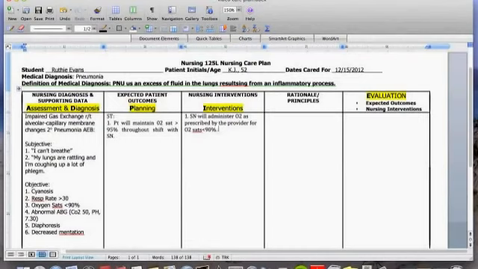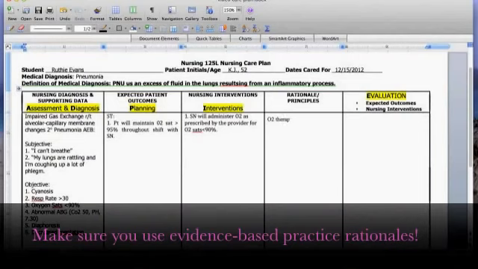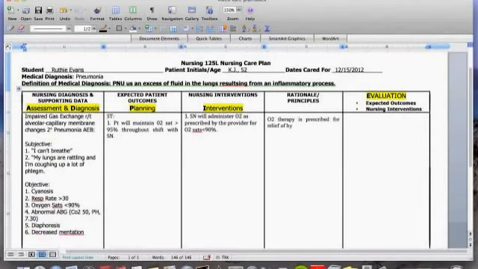Well, I looked up in my Iggy book, and I found that oxygen therapy is prescribed for relief of hypoxia and adequate oxygenation.